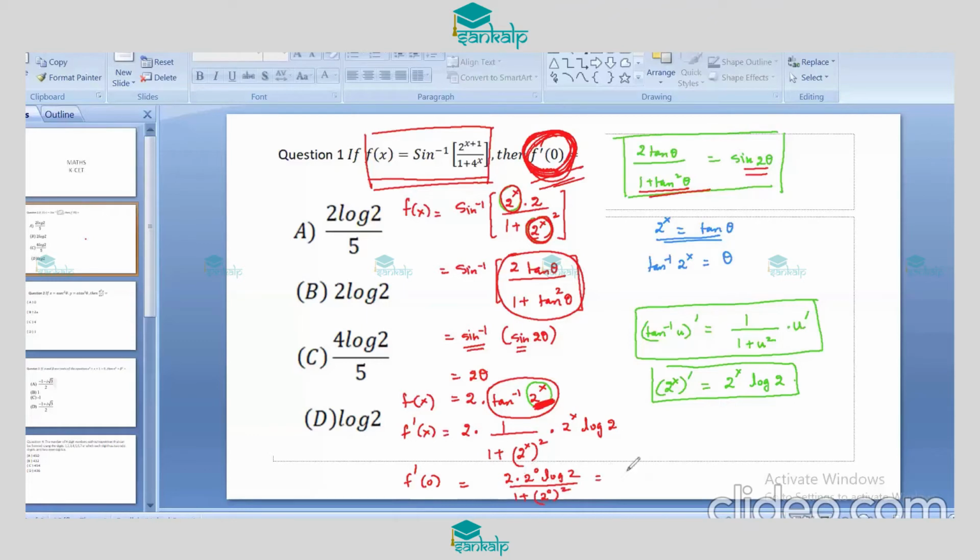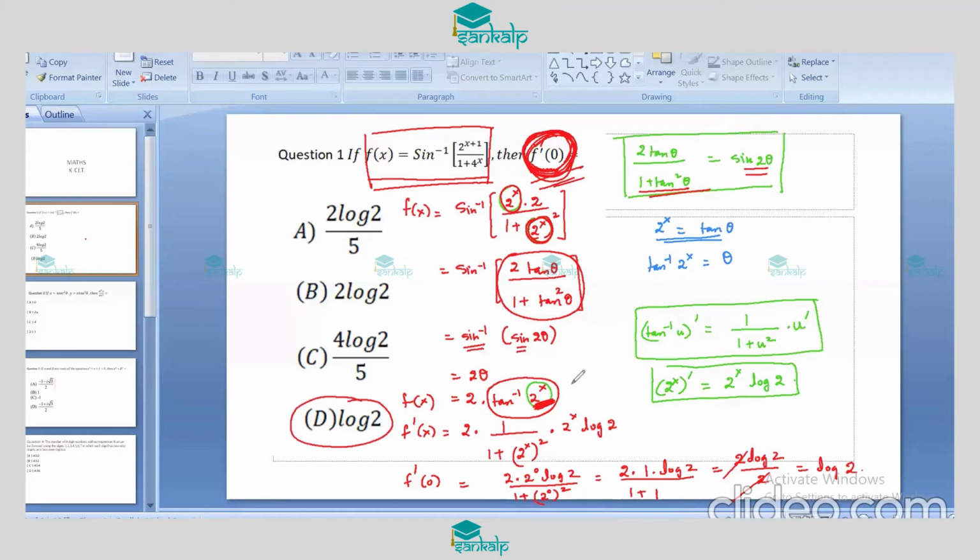So that will be 2 into 2 power 0 is 1 log of 2 by 1 plus 2 power 0 is again 1. So 1 square becomes 1. And then you have 2 log 2 by 2. You can cancel 2 and the final answer will be log 2, which you can see in option D. You can go for option D.